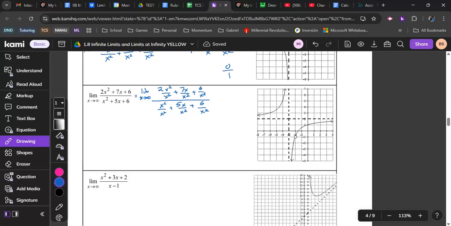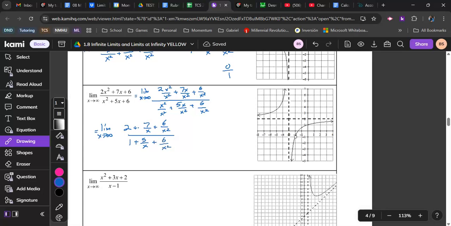I can simplify some of that. The first one is 2. So the limit as x approaches infinity of 2 plus 7 over x plus 6 over x squared, over 1 plus 5 over x plus 6 over x squared.